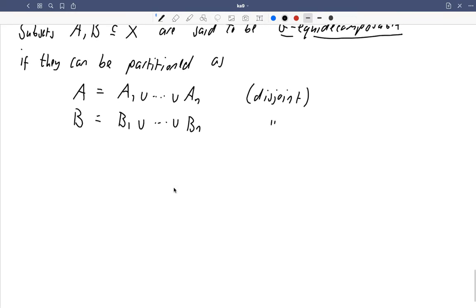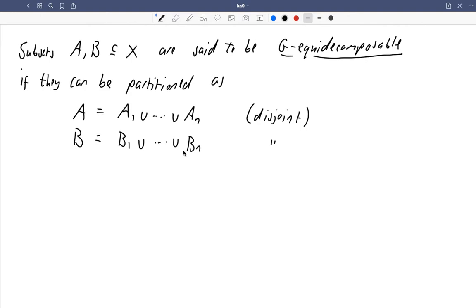So we're partitioning A and B into a finite number of sets, the same number in each case, in such a way that each of the sets Ai can be shifted to a set Bi by applying the group action for some element of the group.